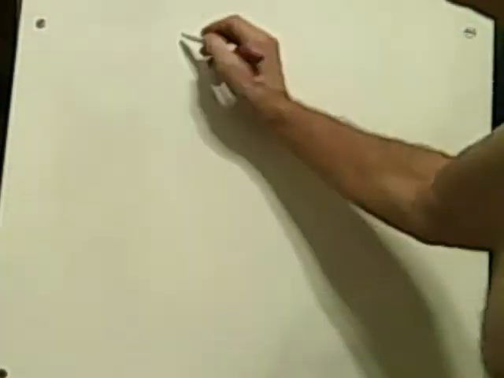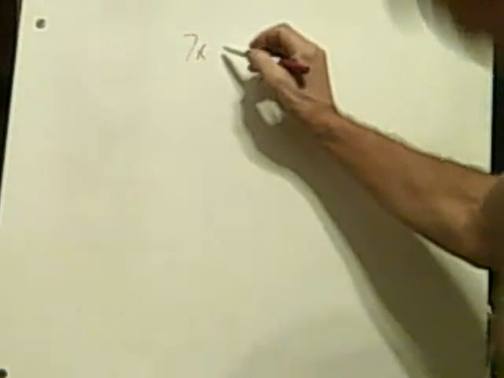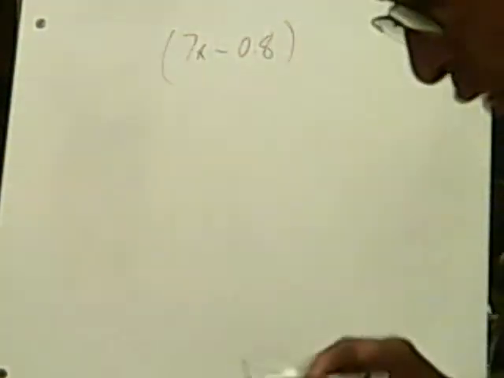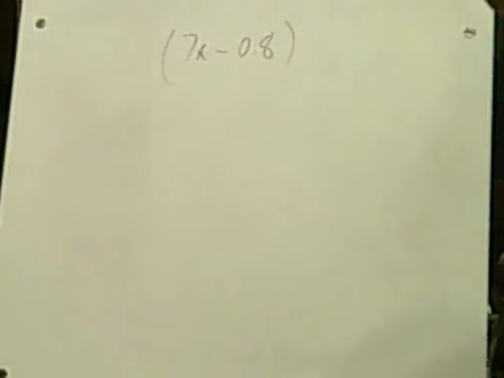Let's move on to number 12. Find the degree of each polynomial and indicate whether the polynomial is a monomial, a binomial, a trinomial, or none. This one says 7x minus 0.8. First of all, this is a binomial because it contains 2 terms.